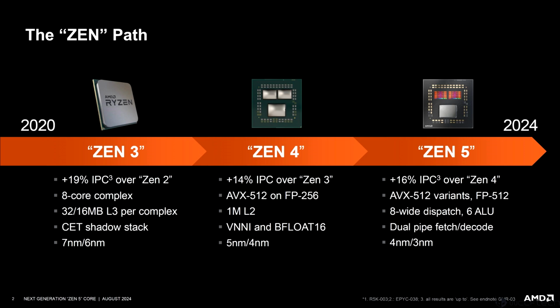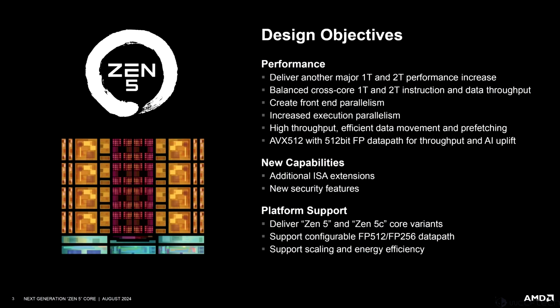As for what the Zen 5 offers to provide a balanced throughput, you are looking at front-end parallelism, 2 predicted taken branches per cycle, 2x opcache pipes, 2x instruction fetch, decode pipes, 8-wide dispatch. Execution, integer, 6 ALU, 4 AGU addresses to LS.